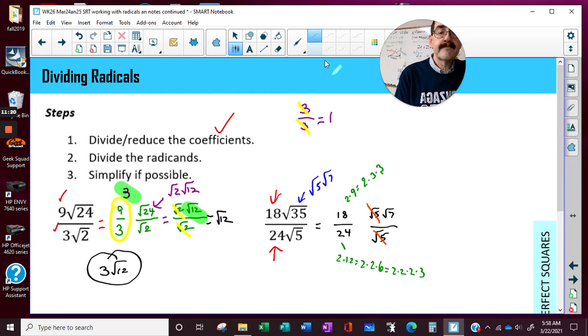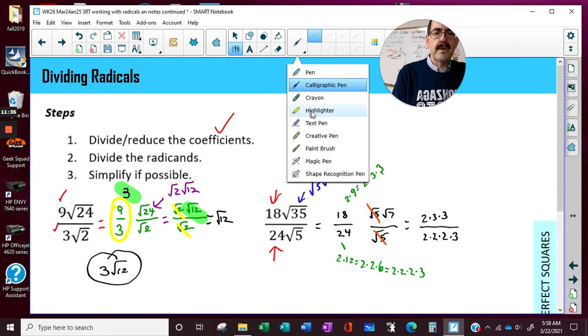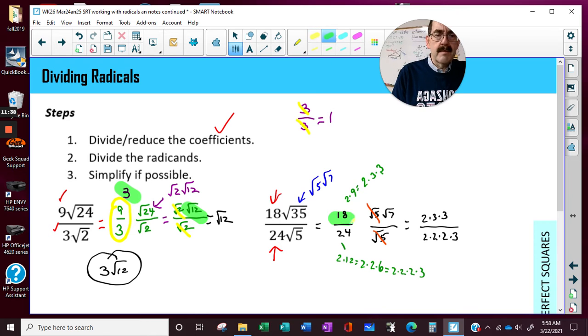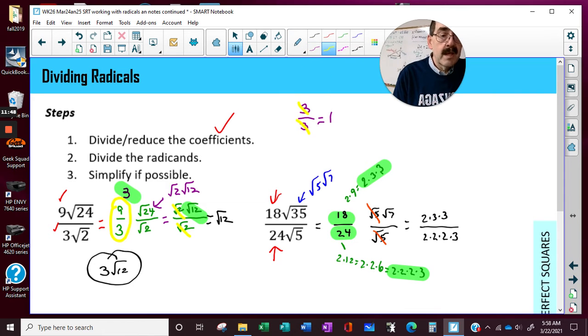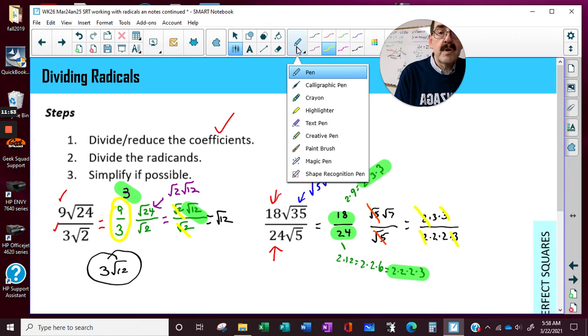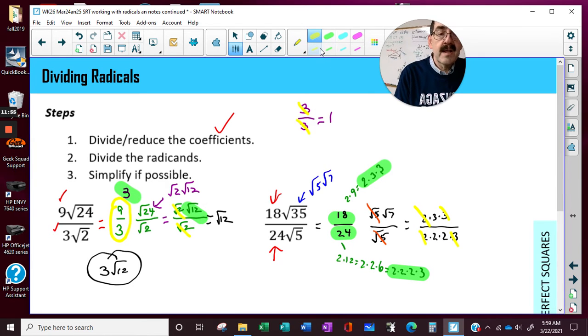Now if I rewrite all this, I have 2 times 3 times 3, and 2 times 2 times 2 times 3. So what did I do? I had the number 18, and I factored it. I had the number 24, and I factored it so that we could simplify. 2 over 2, 3 over 3. So what do I have left?